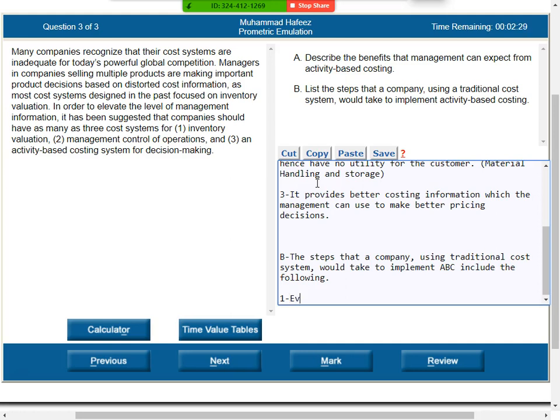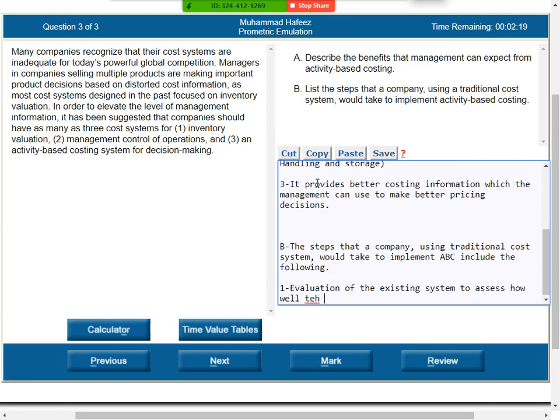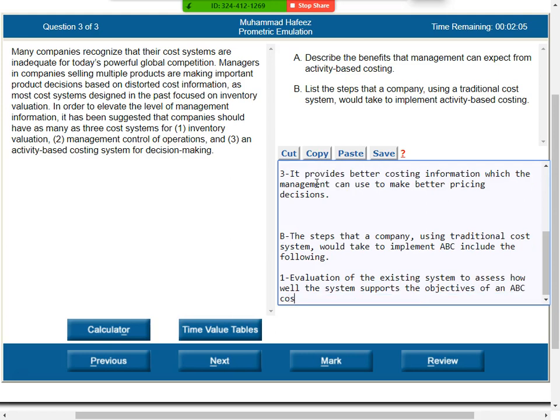First, the first step is evaluation of the existing system to assess how well the system supports the objectives of an ABC cost system. What does it mean?